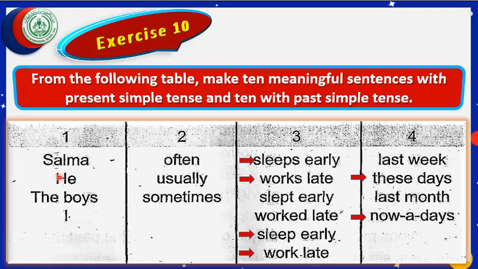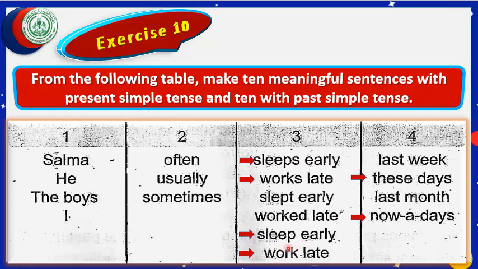When you will be making sentences by using the boys, you will use sleep early and work early, because the boys is a plural subject and sleep and work are plural verbs. With a plural subject, plural verbs will be used.